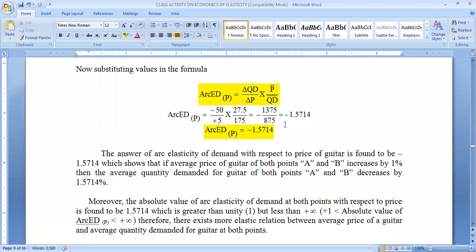The answer of arc elasticity of demand with respect to price of guitar is found to be minus 1.5714, which shows that since we have the average price of the 2 points, if average price of guitar at both points, A and B, increases by 1%, then the average quantity demanded for guitar at both points will decrease by 1.5714%.